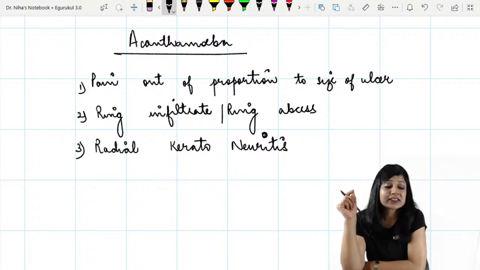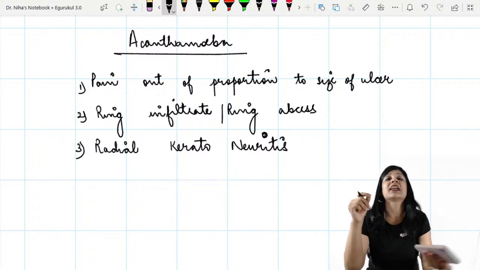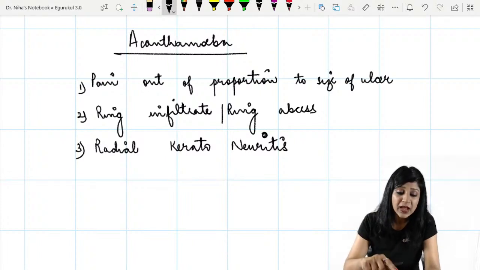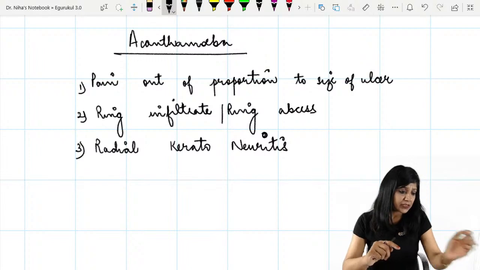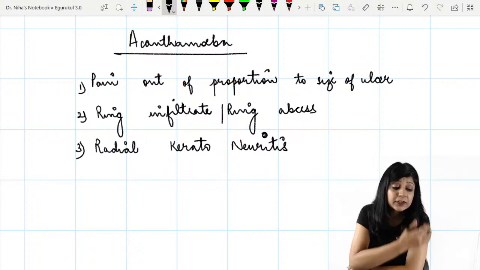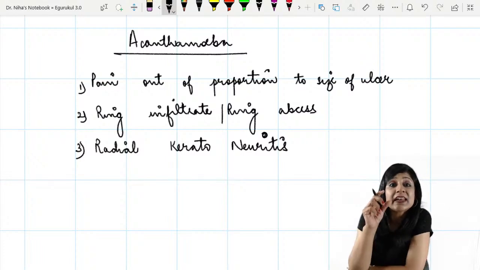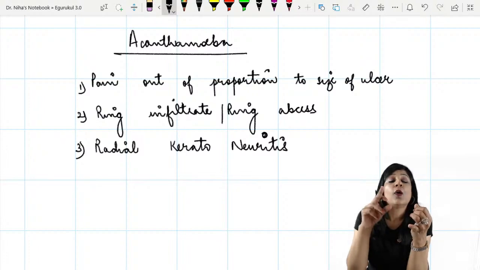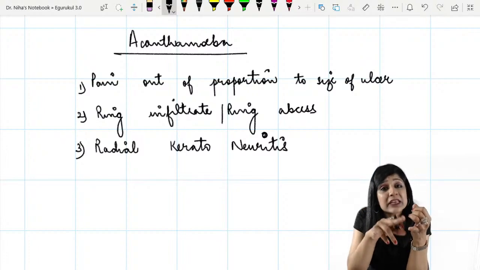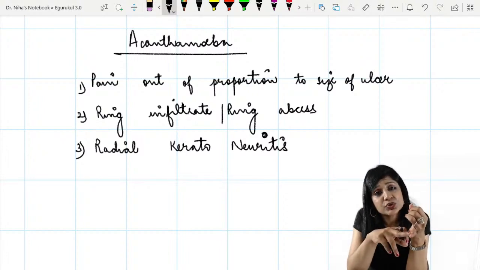Now, since in this case we do not have these things and we do not have acanthamoeba in the options, you will go with the next one. Yes, tap water used for the contact lenses. Anything related to contact lenses, whether tap water, homemade solutions, contaminated solutions or saline solutions.